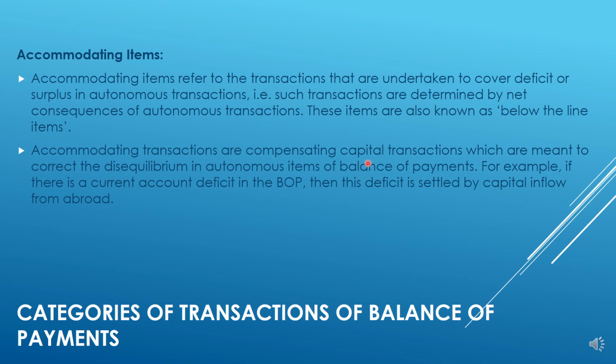Accommodating transactions are compensating capital transactions which are meant to correct the disequilibrium in the autonomous items of balance of payments. For example, let's say there is a deficit in the current account in balance of payments. Now, this deficit will be settled by capital inflow from abroad, and that would be an accommodating item.